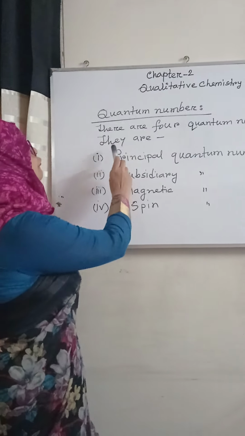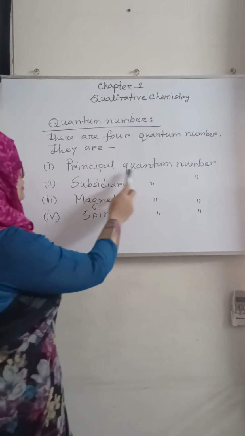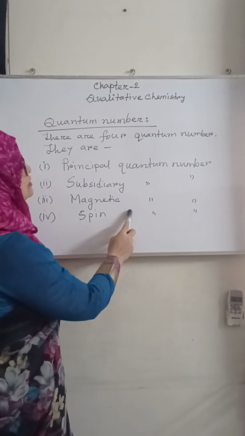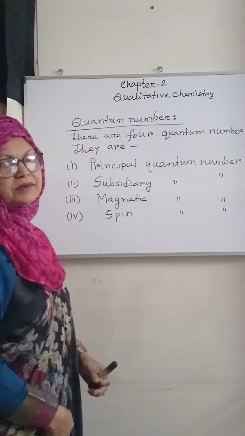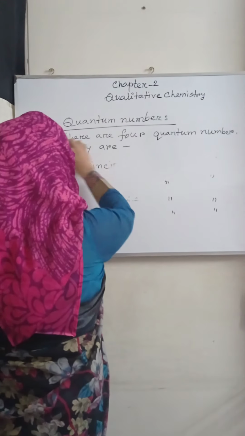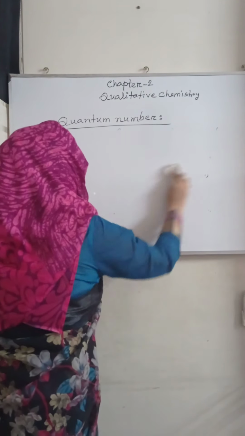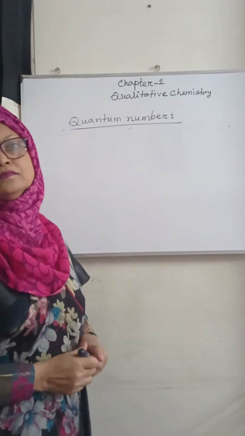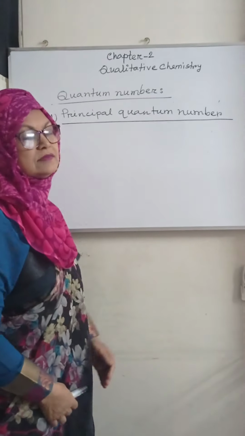There are 4 quantum numbers, and these are principal quantum number, subsidiary quantum number, magnetic quantum number and spin quantum number. Now I would like to discuss the principal quantum number.